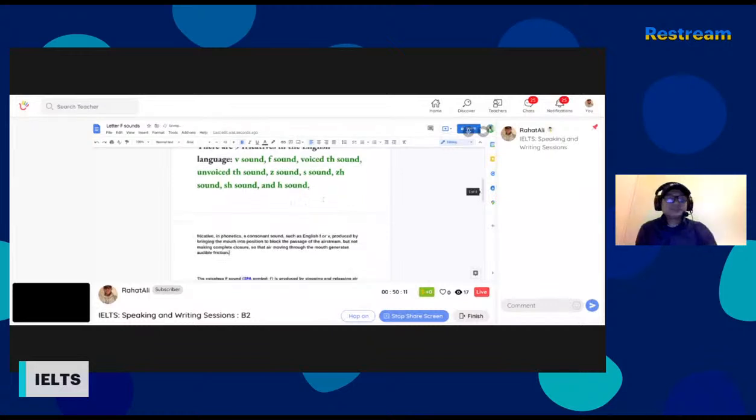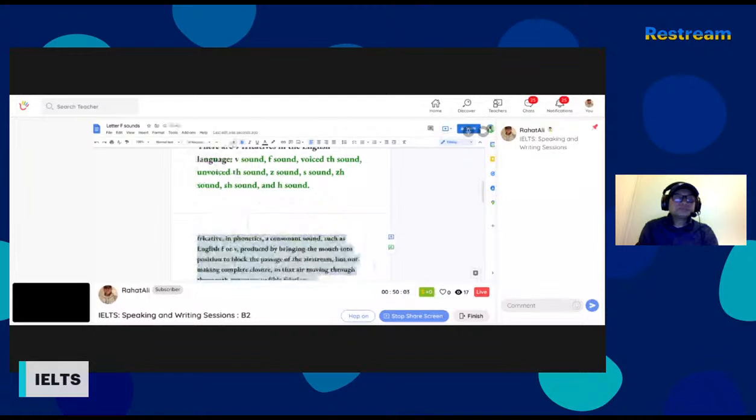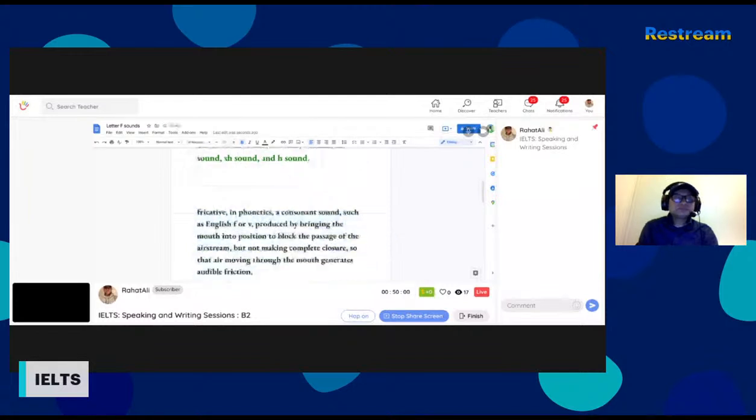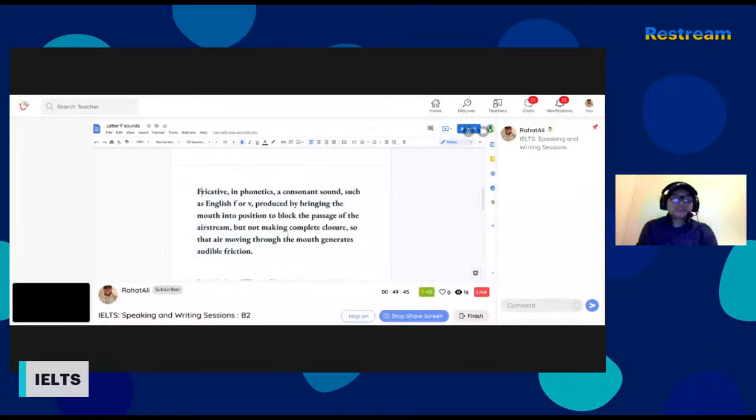So fricative in phonetics: consonant sounds such as in English F or V, produced by bringing the mouth into position to block the passage of airstream, but not making complete closure, so that air moving through the mouth generates audible friction.